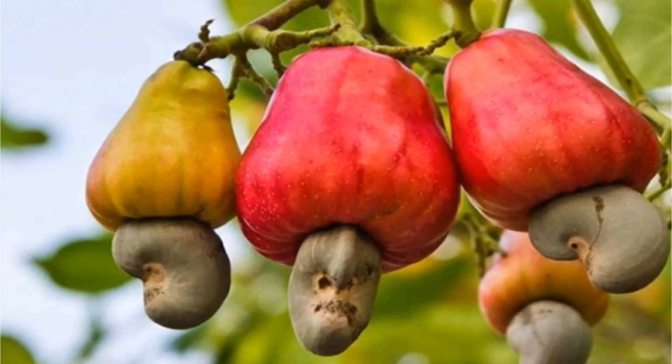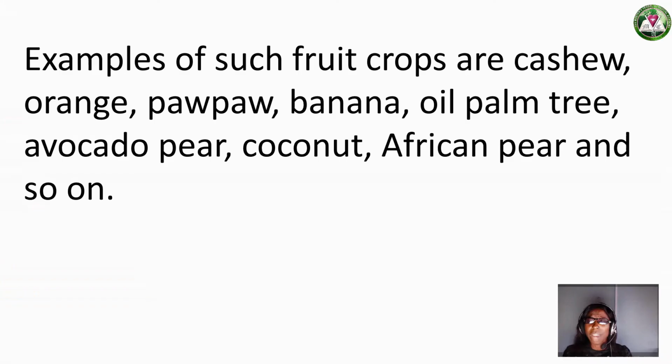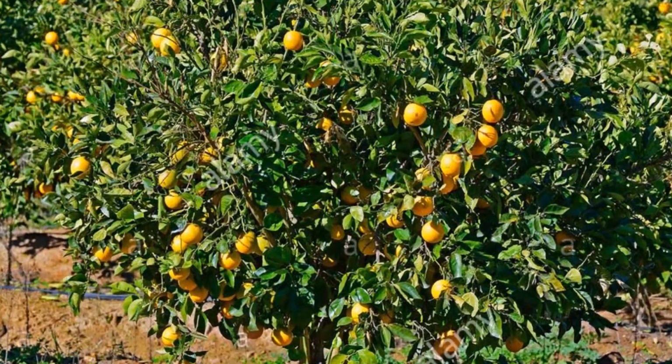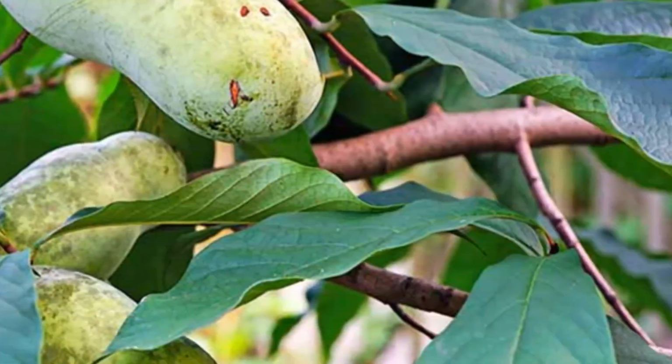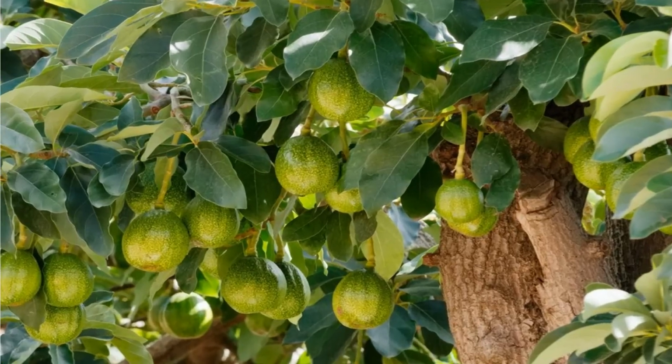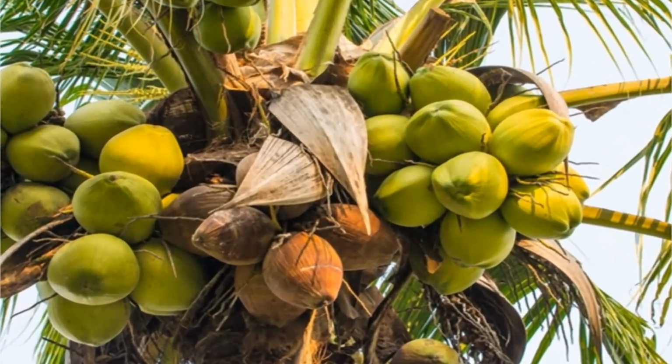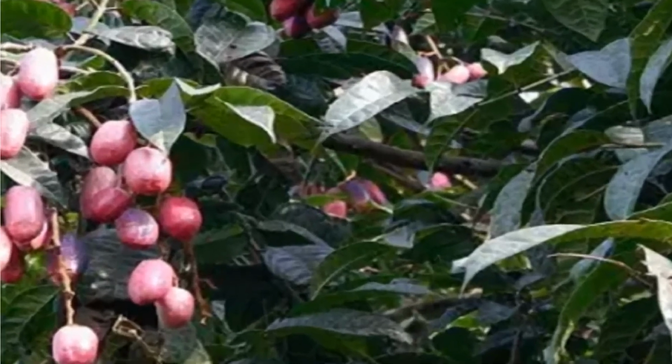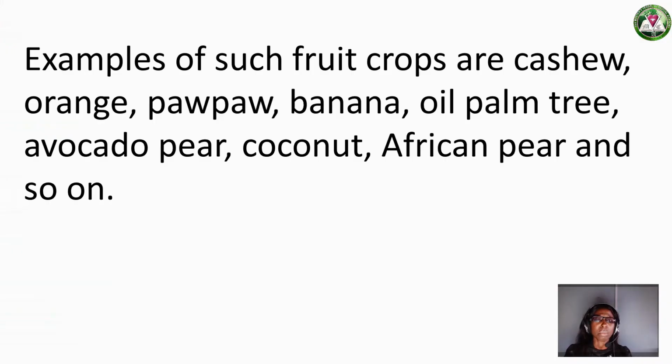You can see cashew around your house. We have orange. We have pawpaw. We have banana. Oil palm tree. Avocado pear. Coconut. African pear. And so on. These fruit crops can be produced within your environment.